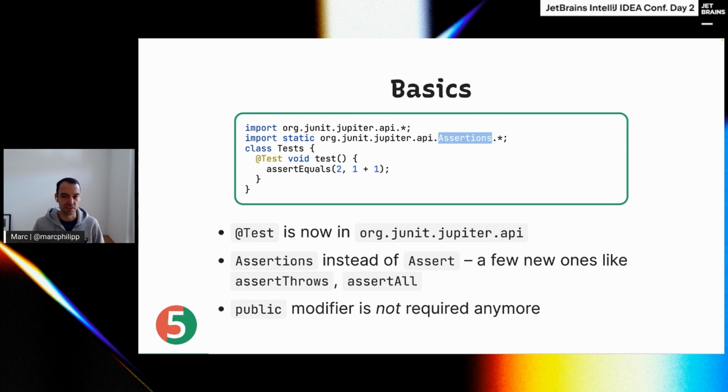We didn't want to reinvent the wheel, but it has the basics, so you can get started with writing assertions. If you have special needs, you can pull in an additional library. Another thing you might notice in this example is there's no public modifier. It's a small thing, but it's slightly less boilerplate, so you don't have to make your test classes public anymore, and neither the test methods.